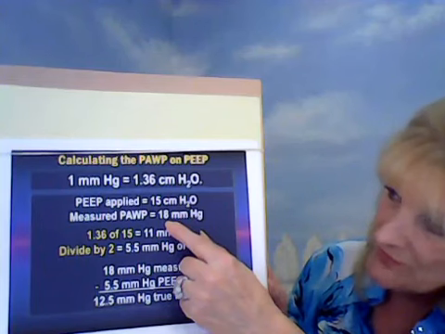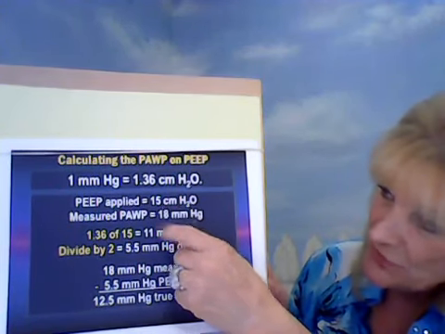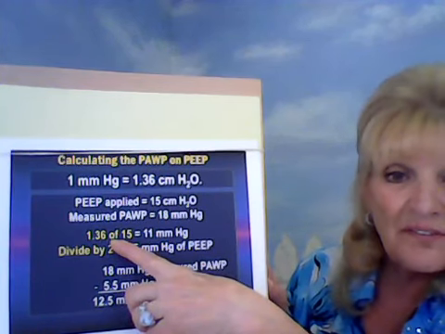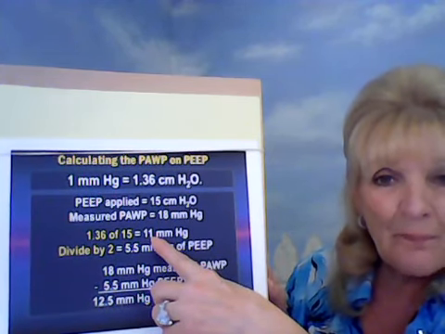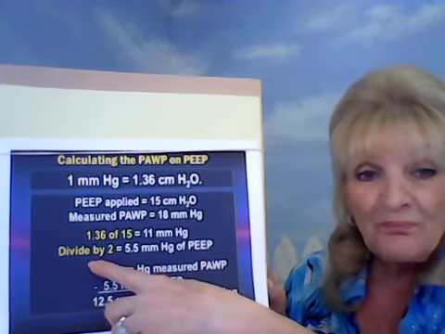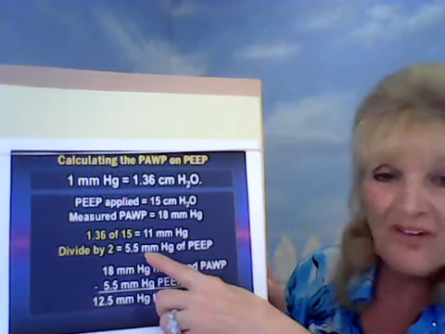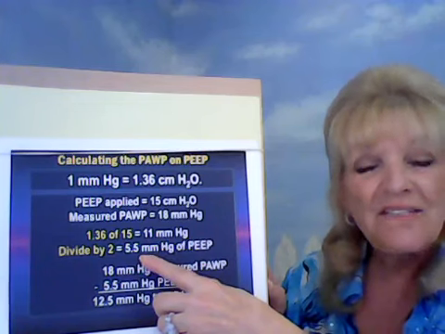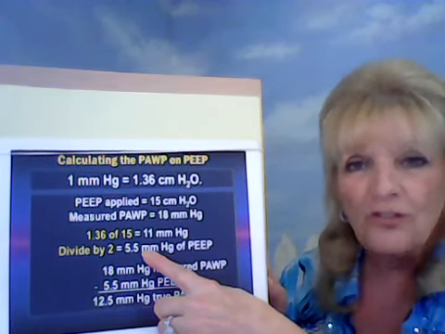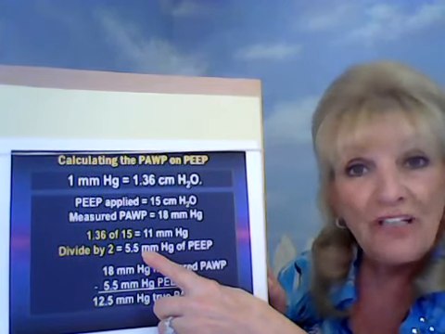So what you have to do is take the PEEP, which is 15, and divide it by 1.36. You come out with 11. And then you take that number and divide it by 2. And you come out with 5.5. And it is that number that you're going to subtract from your recorded wedge in order to get your real wedge.